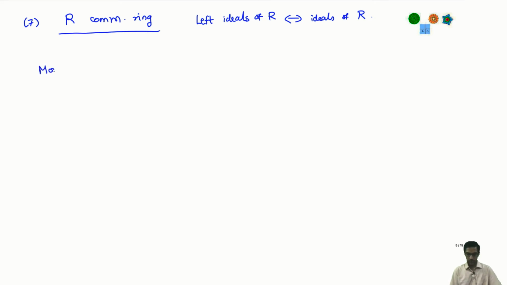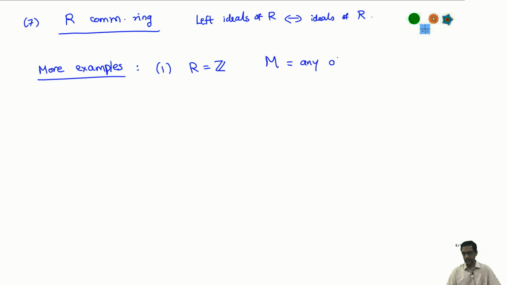So here are some more examples of submodules. We number it 1 again. If I take the ring to be the ring of integers, then, recall, a Z-module is the same as an abelian group. So M is any abelian group.